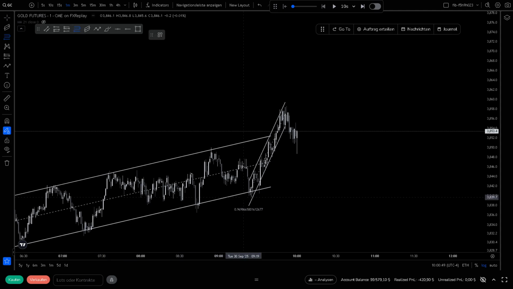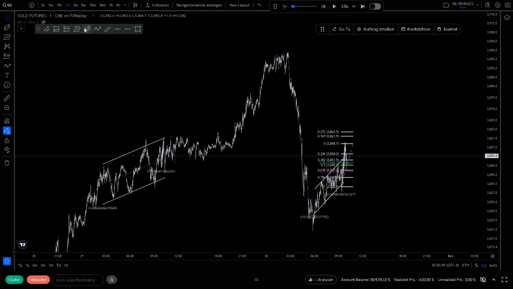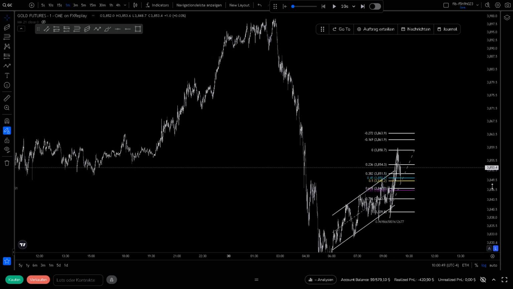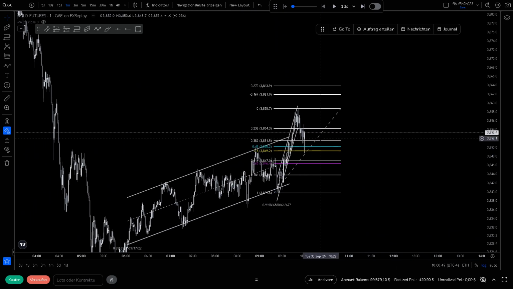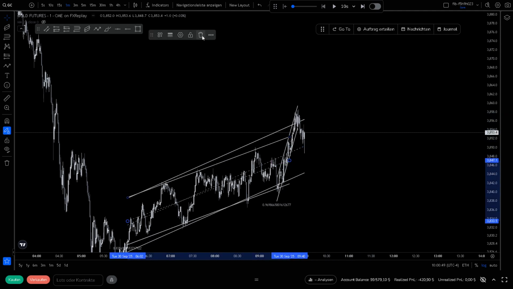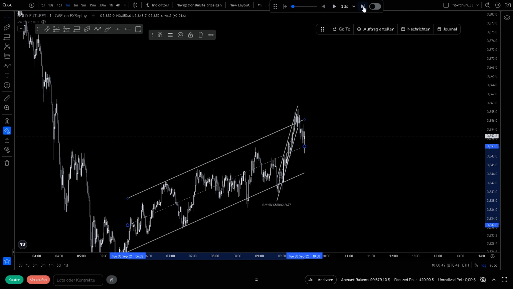But it seems like, well, we probably touched now into the 45. Yeah. So now what could happen is a change of trend here. Model 3, which is called BTEM, Break Trend Entry Model.